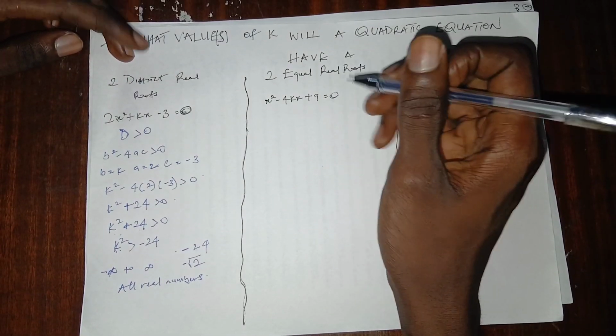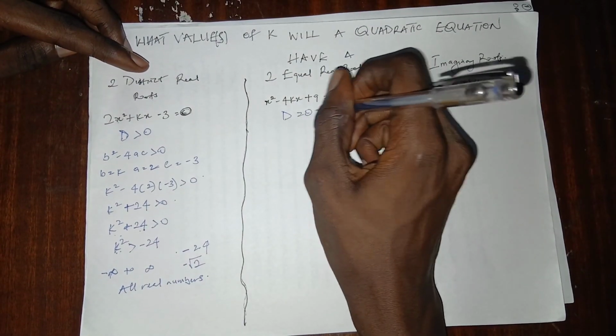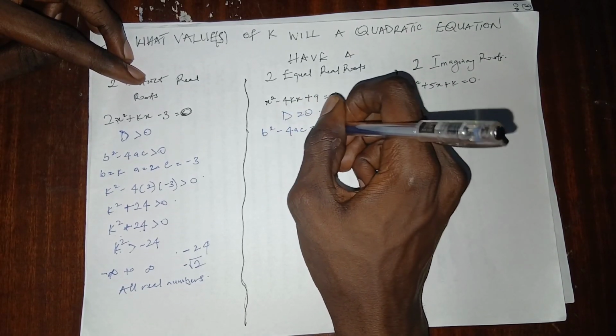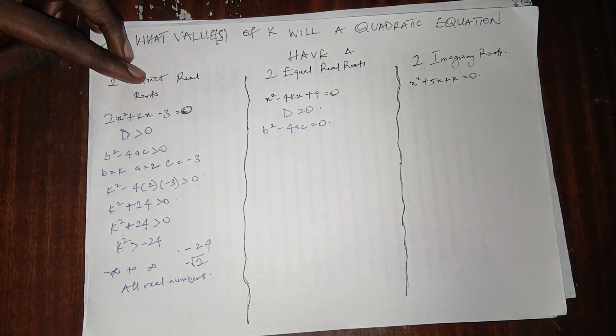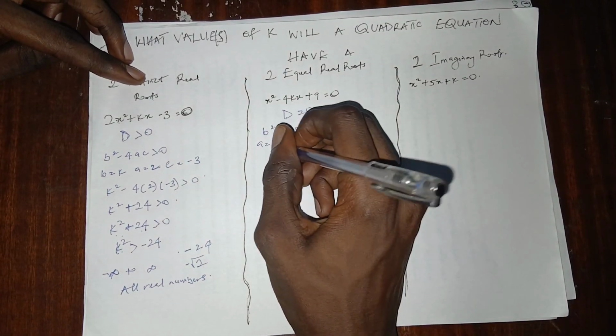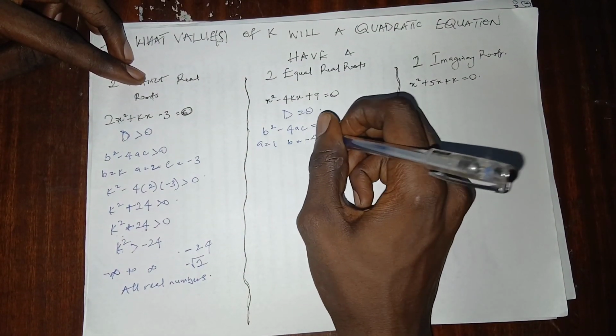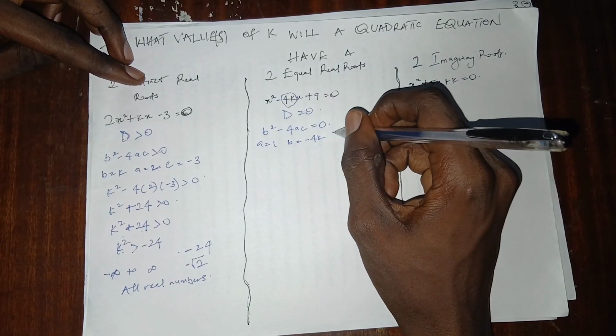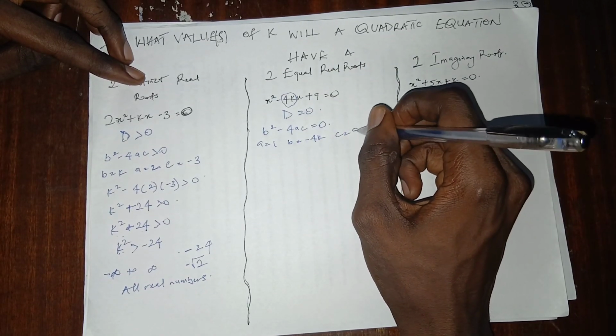Then coming here, D has to be equal to 0. So I have b squared minus 4ac equals 0. Here a is 1, b equals minus 4k, please take notice, and c equals plus 9.